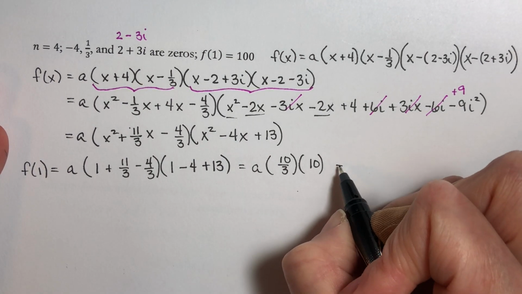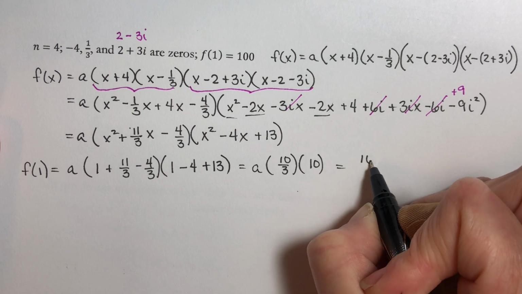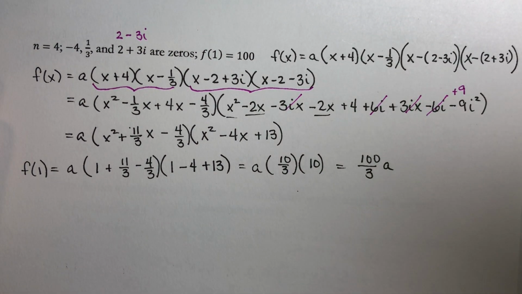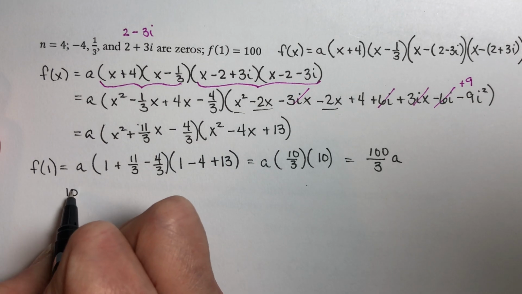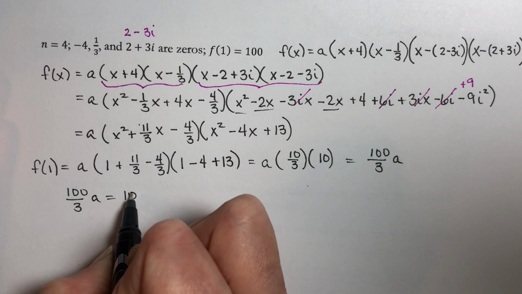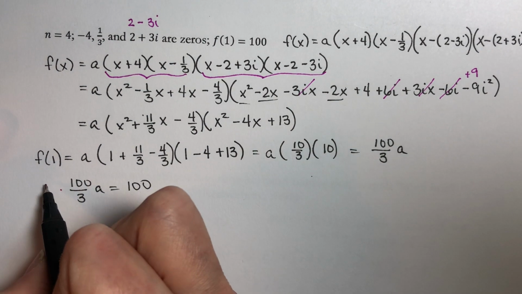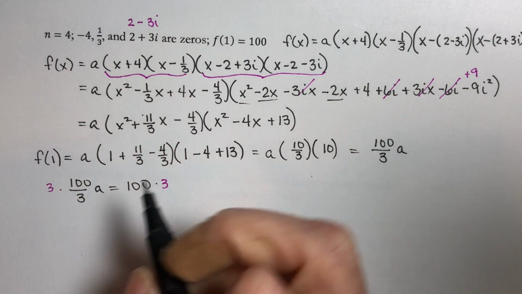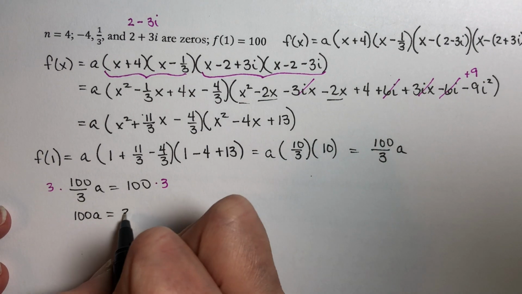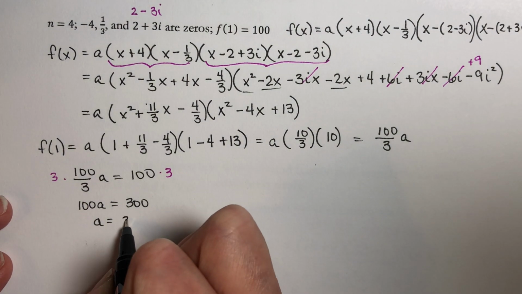So this is the same thing as 100/3 a. Now I know that 100/3 a is supposed to equal 100. Let's multiply both sides by 3, and you get 100a is equal to 300. Divide both sides by 100 and you find that your a has to equal 3.